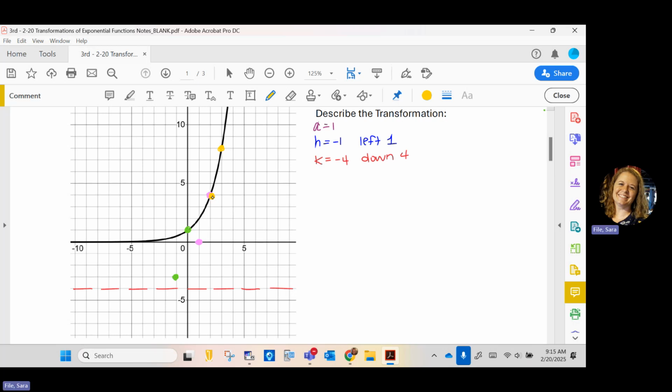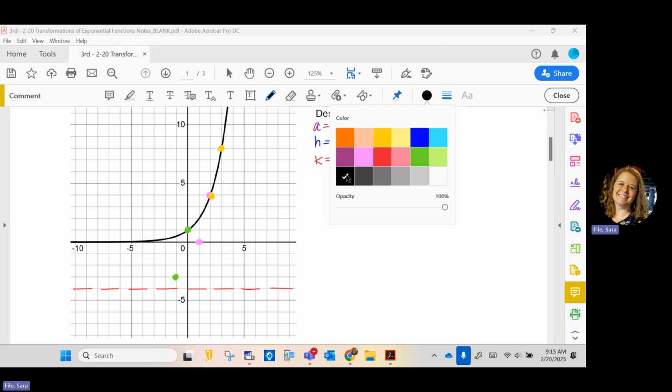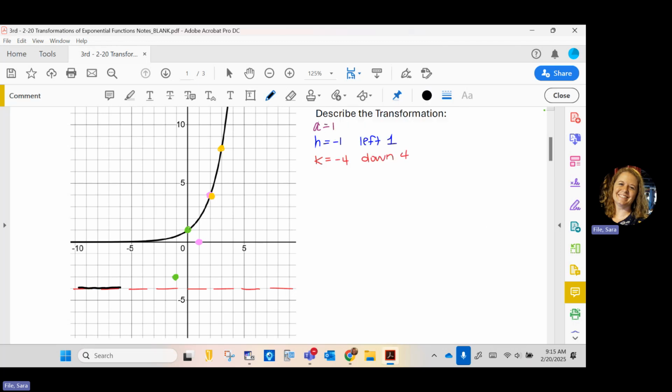So now I've got 3 points and my asymptote. I can sketch the curve of this exponential pretty accurately with that. So I'm going to do that. So it's going to come up from here through these points, arrows on both ends.